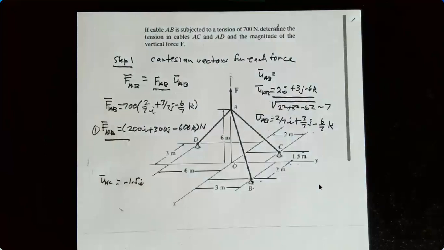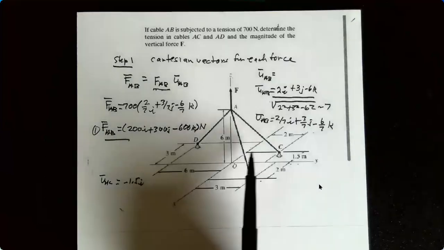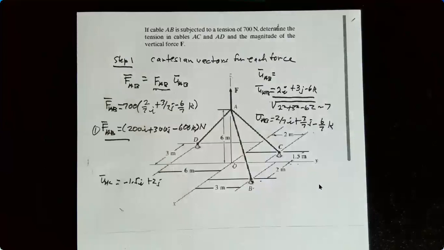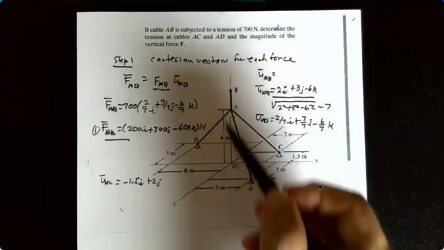The J dimension is what? Plus 2J. We're going plus 2 dimension, so it's plus 2J. And the K dimension is the same, it's the 6 meters down, and that's minus 6K.